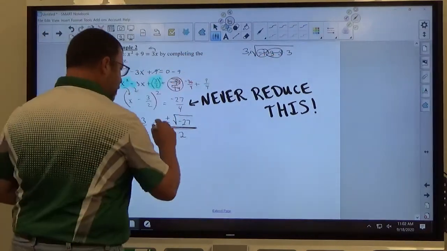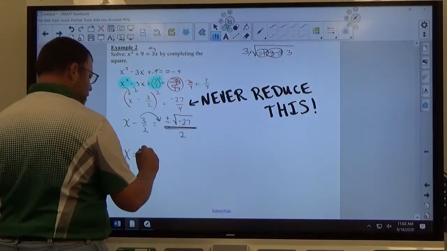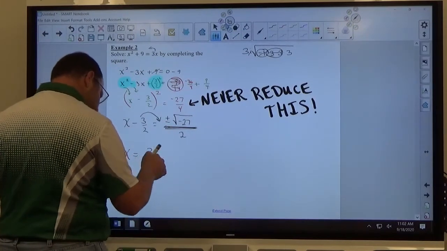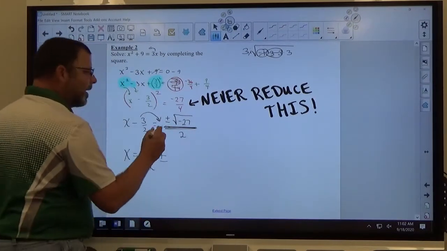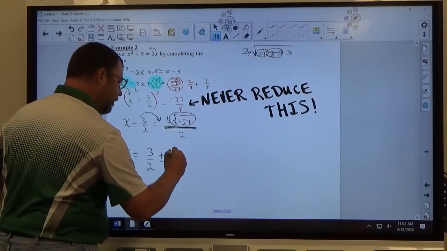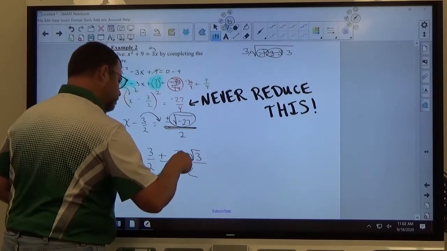So down here on my last step, when I move my 3/2 over, I get positive 3/2 plus or minus, instead of writing the square root of negative 27, 3i times the square root of 3 over 2.